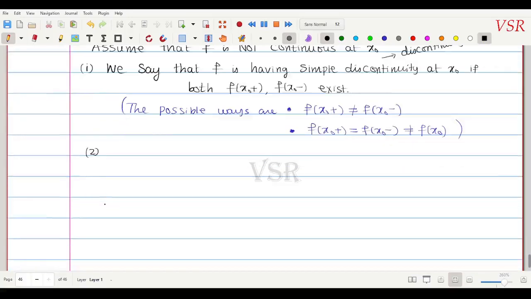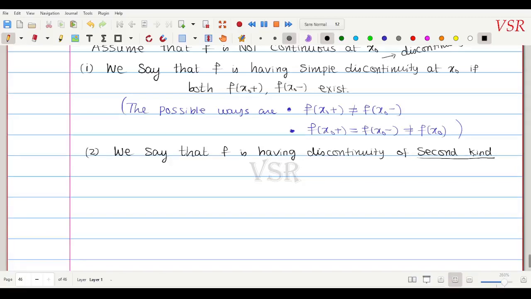We say that f is having discontinuity of second kind at x naught. இதான் ரொம்ப முக்கியம்.